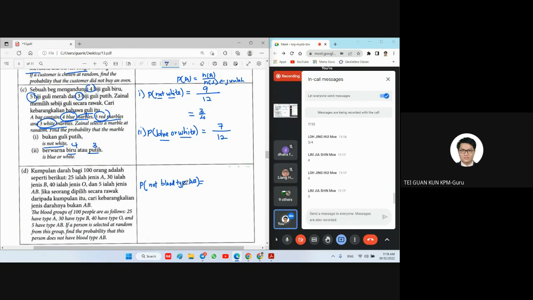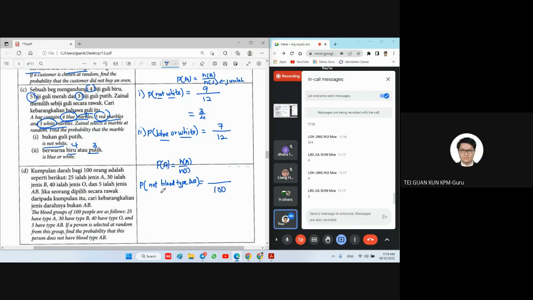Yang bukan type AB. So formulanya, okay, P(A) equal numbers of A divide sample space, semua sekali. Okay, so semua sekali ada berapa? Total how many? How many people total? 100.